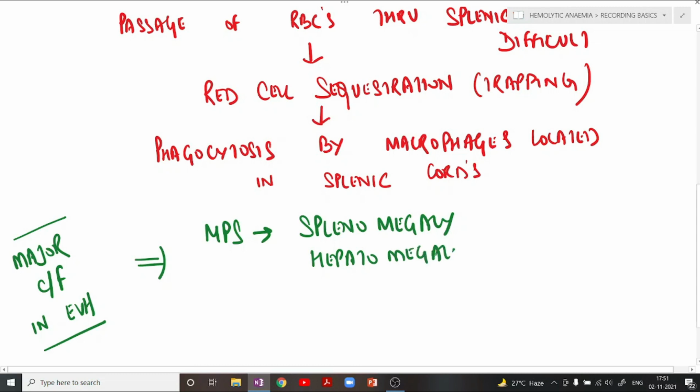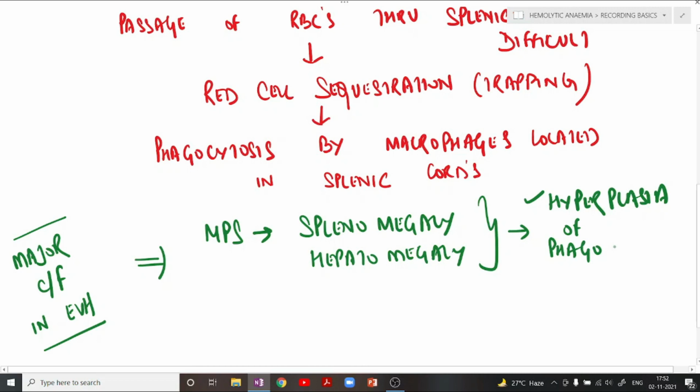Why do splenomegaly as well as hepatomegaly occur? There are two reasons. One reason we have already seen is hyperplasia of phagocytes.